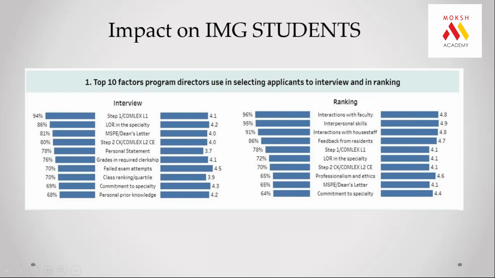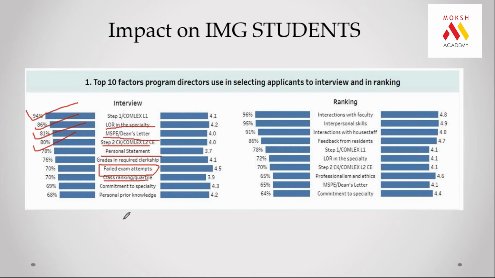And what are the profile requirements? Requirements are very simple. You require a great Step 1 score. You require a great LOR from American doctors. You have to perform well in your medical college. You require a good CK score. You require a personal statement. You need to pass these exams in the first attempt.